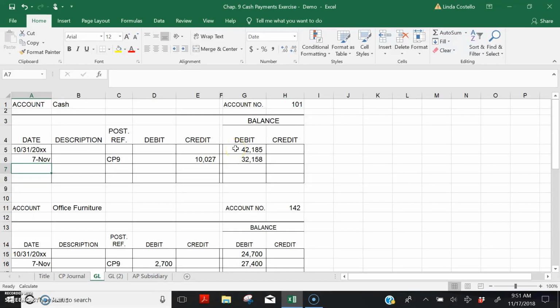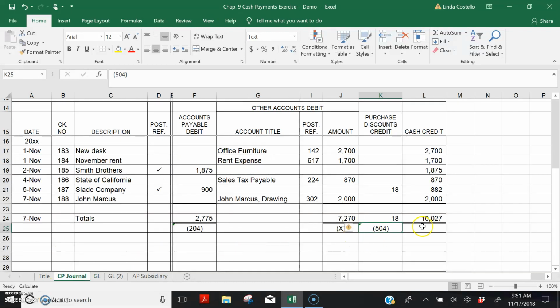That's the previous debit balance of $42,185 minus the credit we just posted of $10,027. Return to the cash payments journal. Record account 101 as a posting reference beneath the cash credit column.